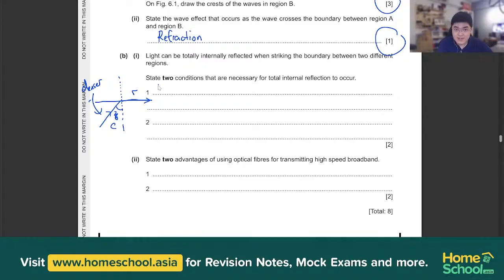First, the angle of incidence should be greater than the critical angle.